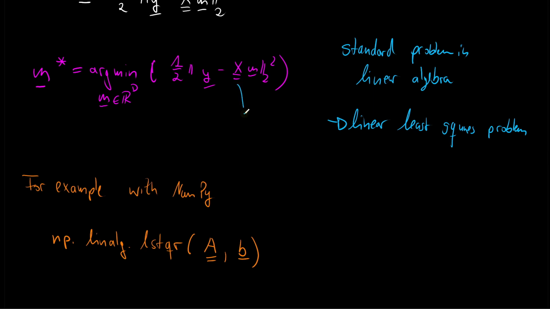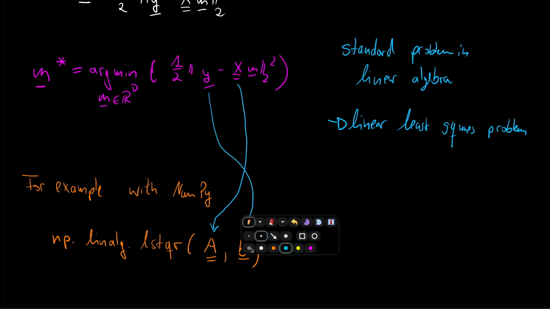So we match the X data matrix with A and the y target vector with B, and the result of this is going to be the m star. And what it is doing under the hood is using some form of matrix decomposition to solve this really efficiently.